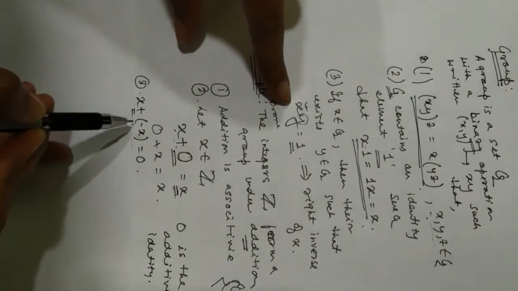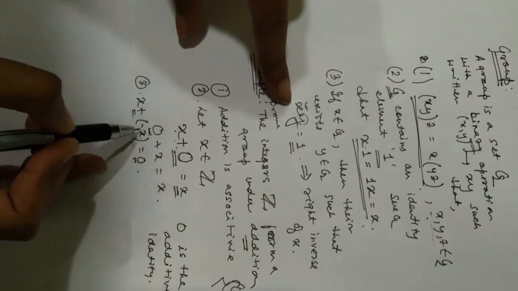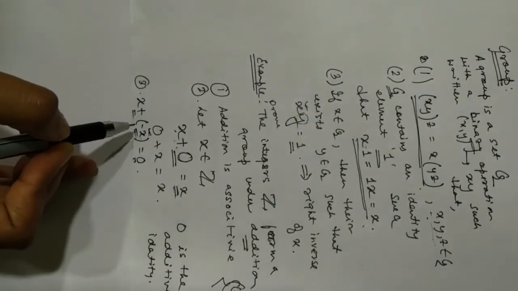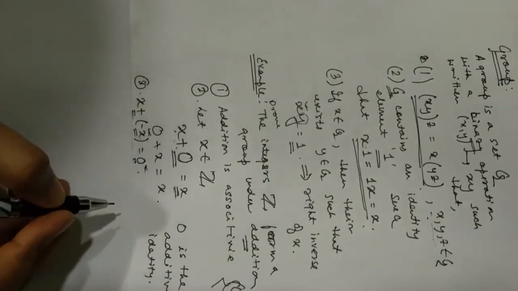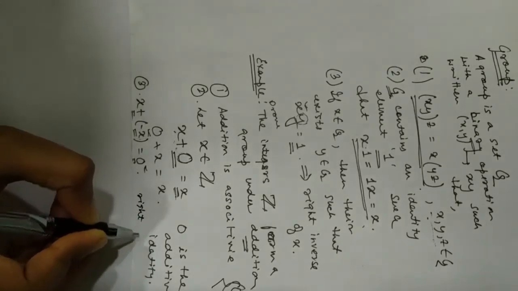So what needs to be fulfilled is x, with the binary operation performed with another element, has to give me the identity element. So minus x plus x will give me 0, and minus x also belongs to the set of integers. So our third axiom also gets fulfilled, that is, right inverse exists.